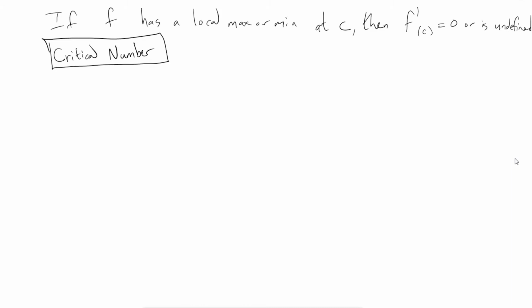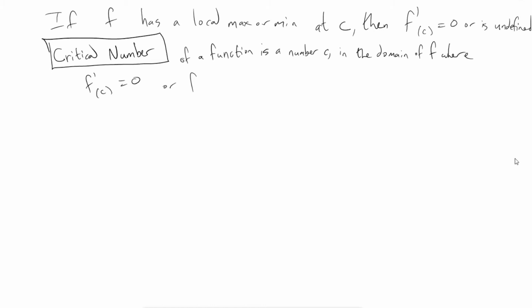A critical number of a function is a number c, we'll call it, in the domain of our function f, where the derivative of f at that c value is equal to 0, or the derivative of f at that c value does not exist, is undefined.